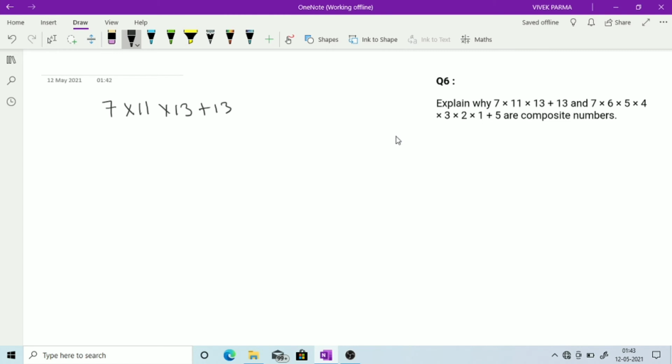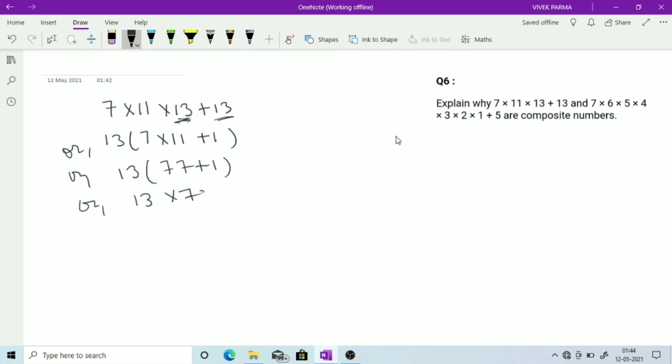So here 13 is present in both terms, so I am going to take 13 common from both the terms. So here will be 13 into 7 into 11 plus 1, that is 13 into 77 plus 1, and this will be 78, right?